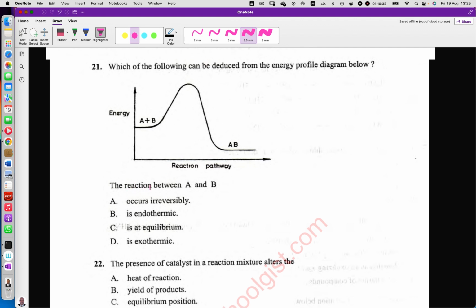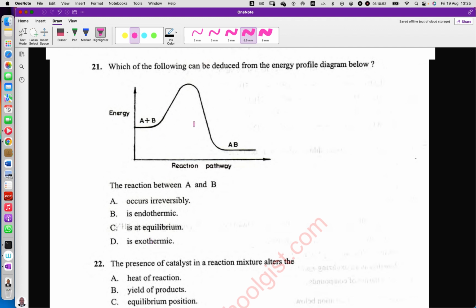Therefore, the reaction between A and B is what? A, occurring irreversibly. That is not shown. B is an endothermic reaction. C, it is equilibrium. And D, it is an exothermic reaction.